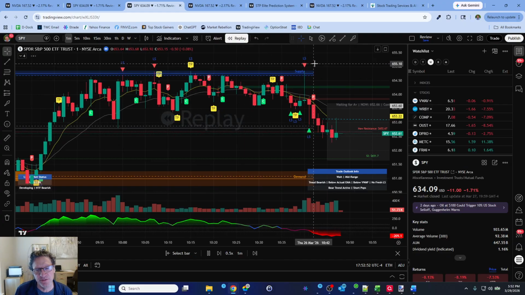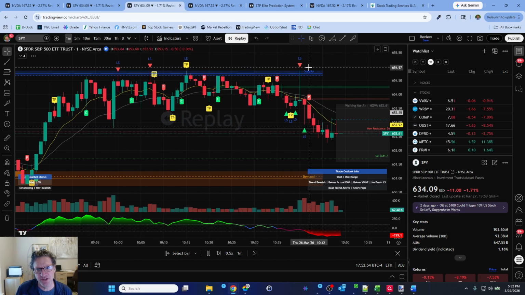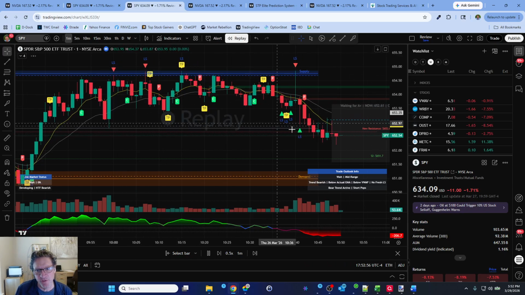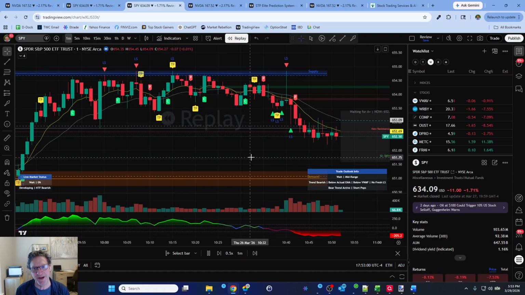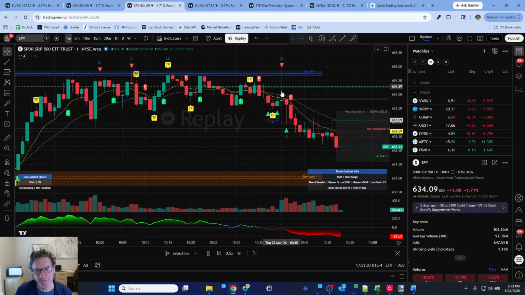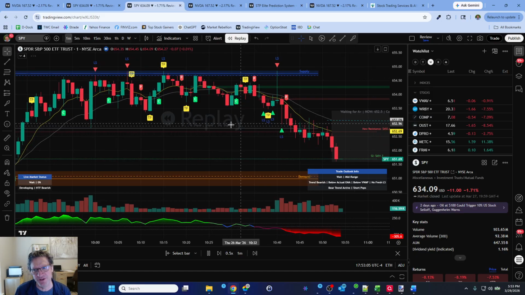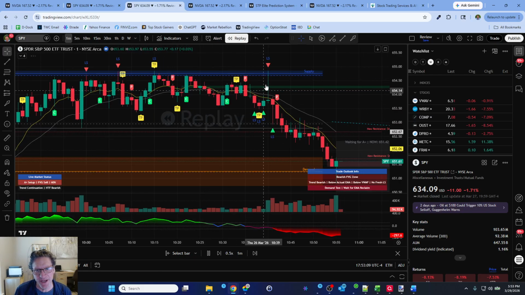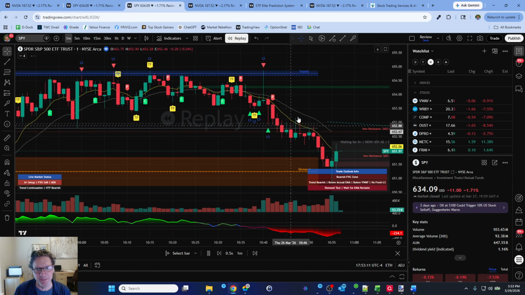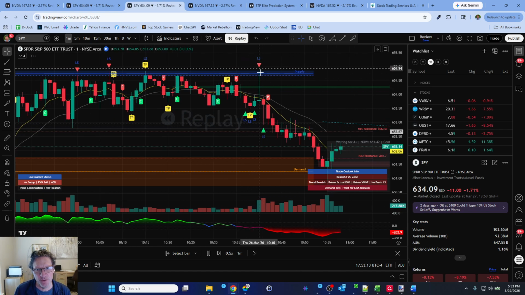You can see though that the bears just keep trying to drive this price down, and over here we had a little battle with bulls trying to push it back up. So these big movements, maybe you can play them if you're quick on the draw, but it definitely shows what's going on. And this is a great setup right here. If you notice here, we had a liquidity sweep.